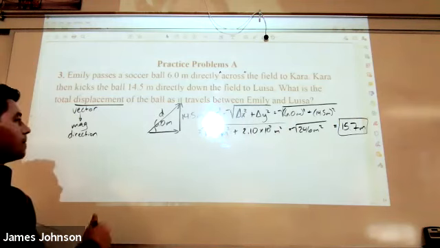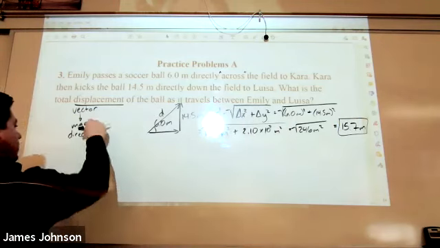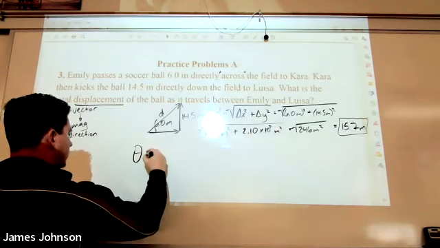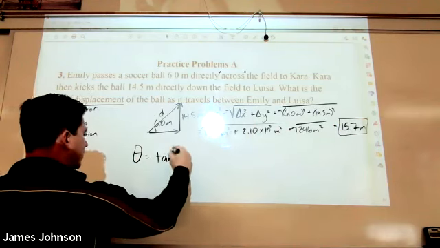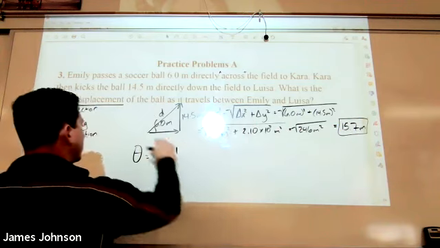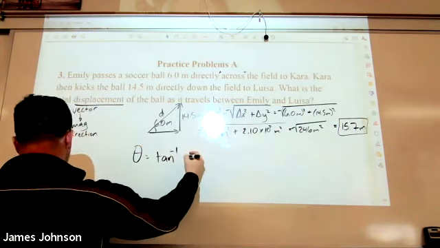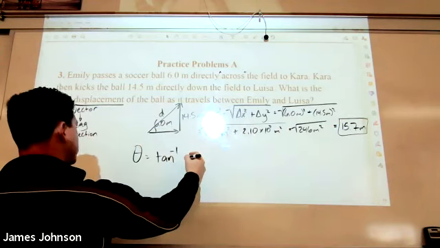All right, so we have our magnitude. Now we need our direction. So our angle is going to be the inverse tangent function, again, opposite over adjacent.